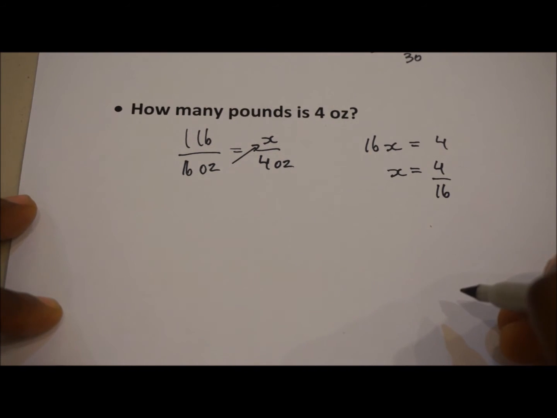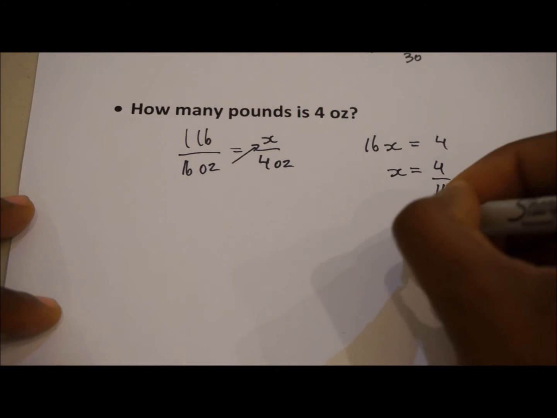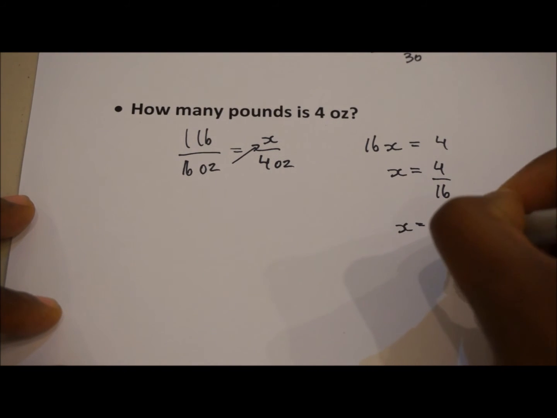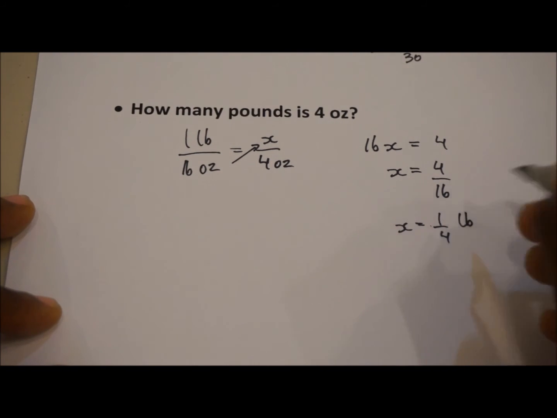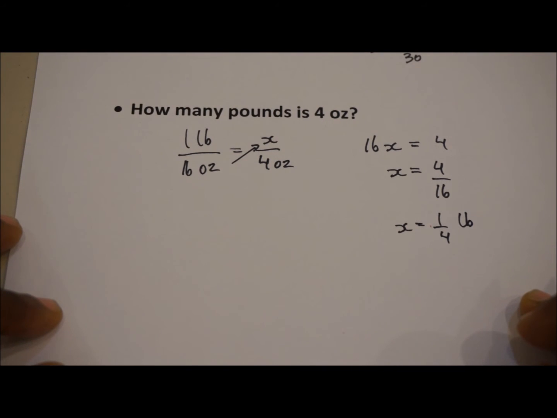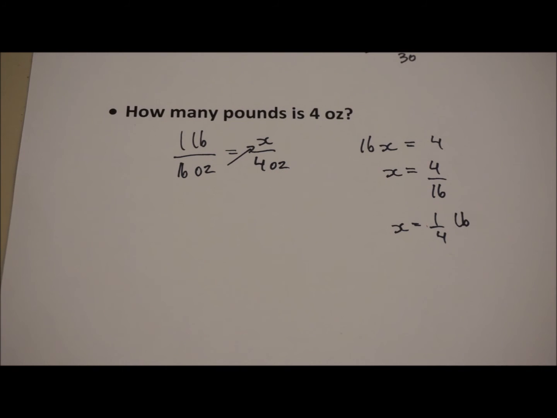Notice that this fraction can be simplified, therefore X is the same thing as 1 over 4 pounds. So, 4 ounces is actually 1/4 of a pound. So we can use our ratio and proportion to convert different units of measurements.